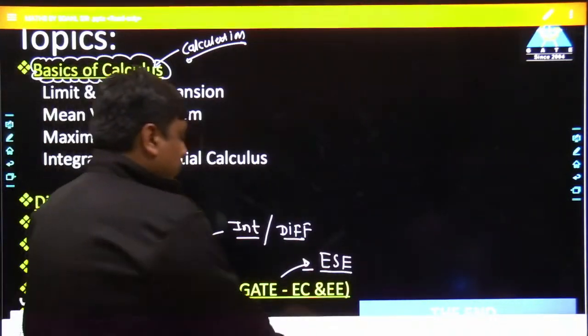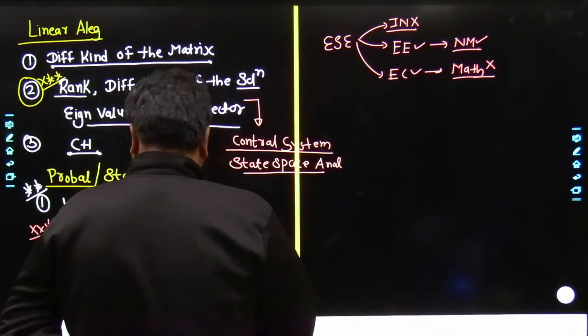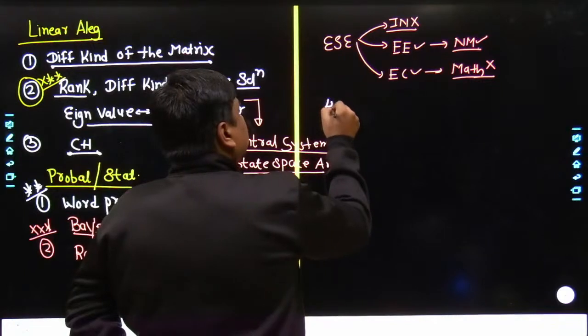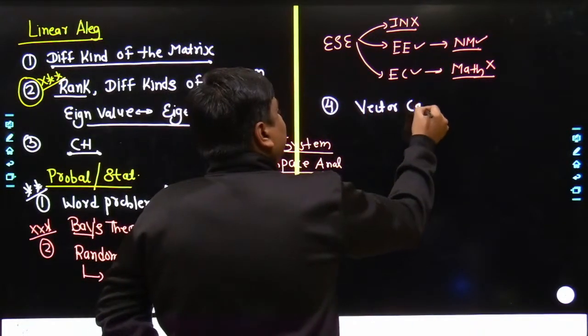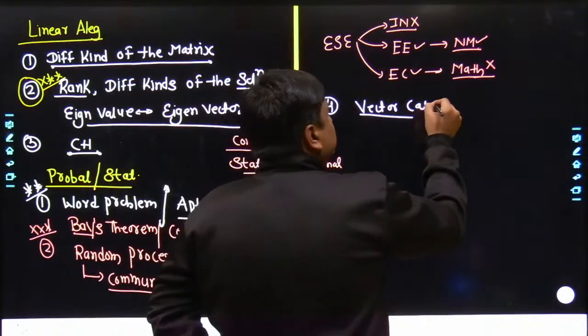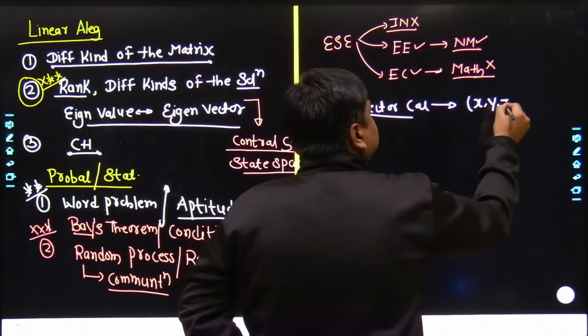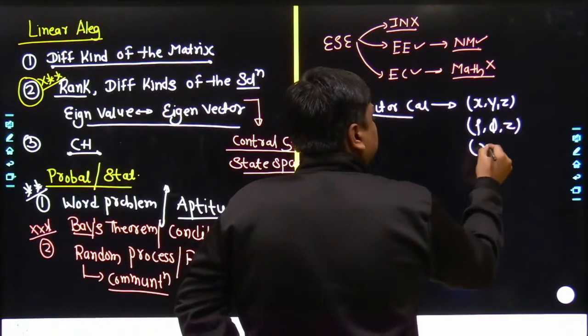So if we discuss vector calculus, specifically for electrical, electronics and instrumentation, you have to focus on all of the coordinate systems, whether you start with Cartesian, cylindrical, or spherical.